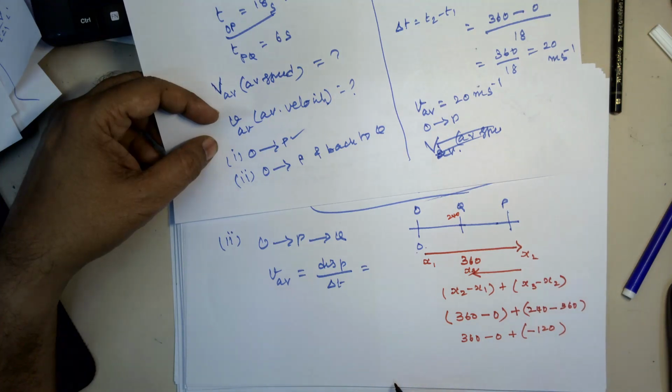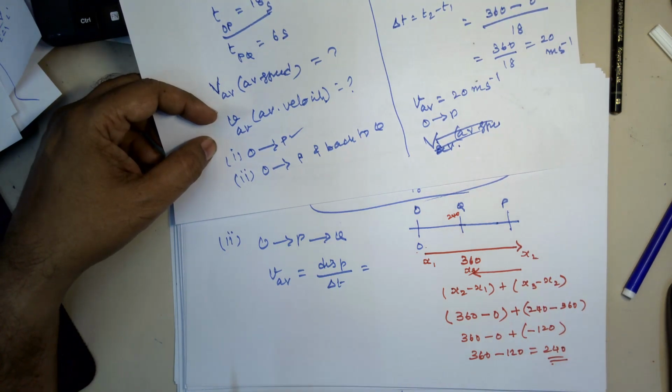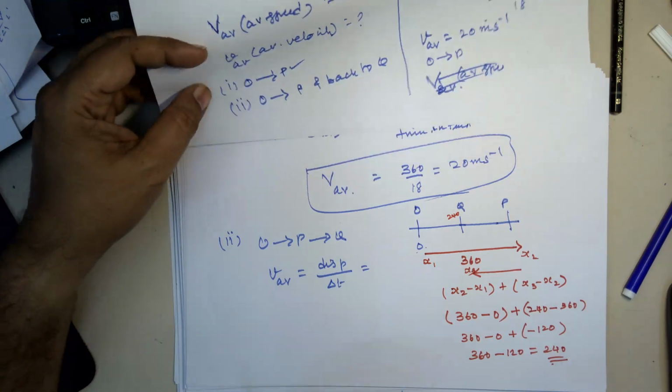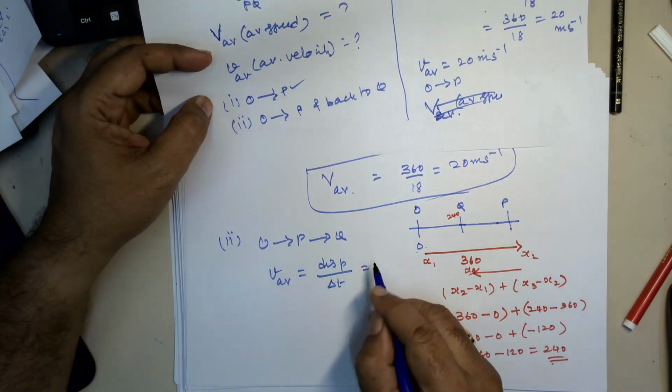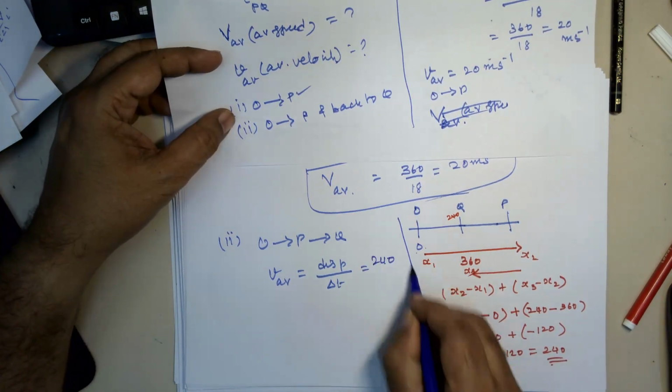Okay. Follow me carefully. 360, neglect this 0, and plus minus 120, that is equal to 240. I hope now you should be able to understand why I am getting 240. Okay, right. So let me take 240 here.